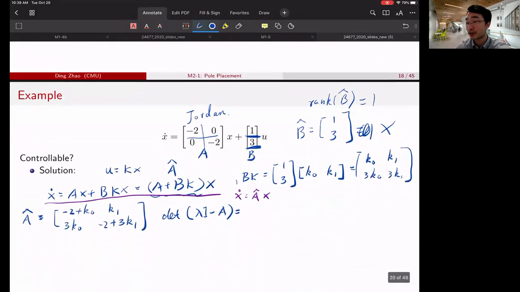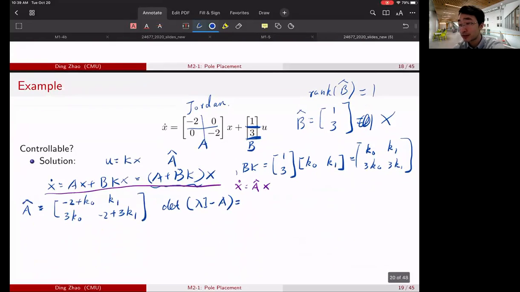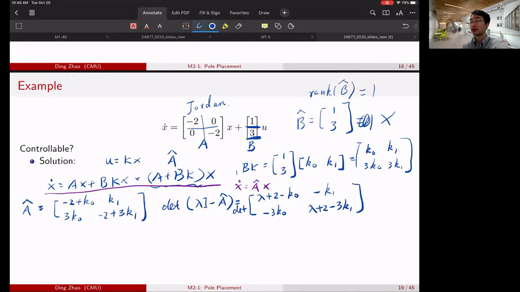So we just want to calculate the eigenvalues. Okay, so here lambda I minus A, so that will be minus A hat. So that will be lambda I minus A hat, plus 2 minus k0, minus k1, minus 3k0, lambda plus 2 minus 3k1. Right, so we want to calculate the determinant of this guy.